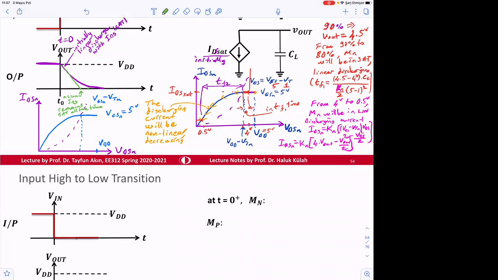Sometimes we just take it and then multiply it by 2, so roughly finds that value, a little bit with assumption.